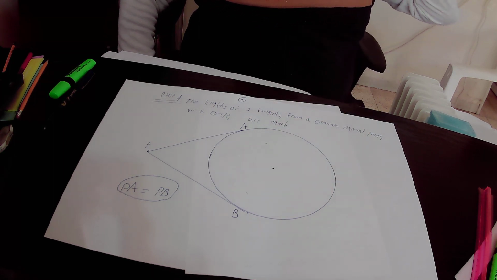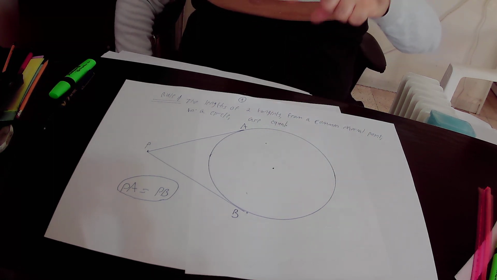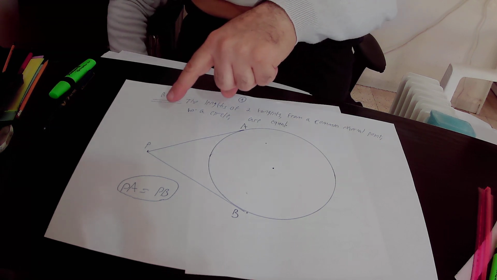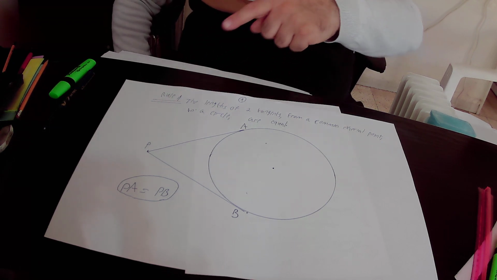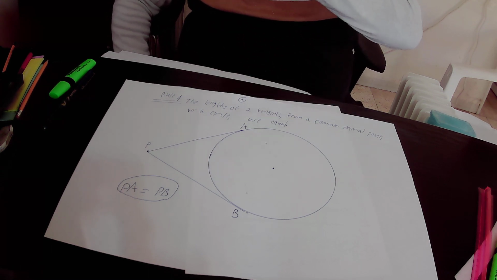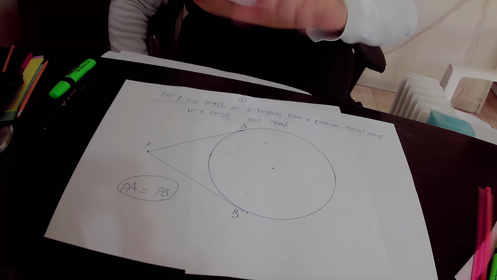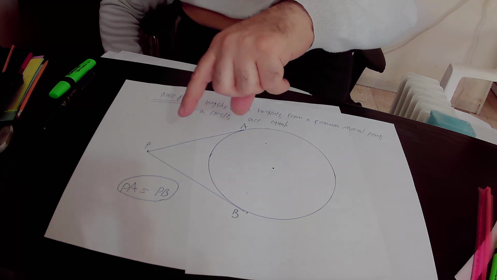Then according to rule number 1, the lengths of those two tangents that extend from the same common external point, point P, are equal to each other. That is to say, PA equals PB.